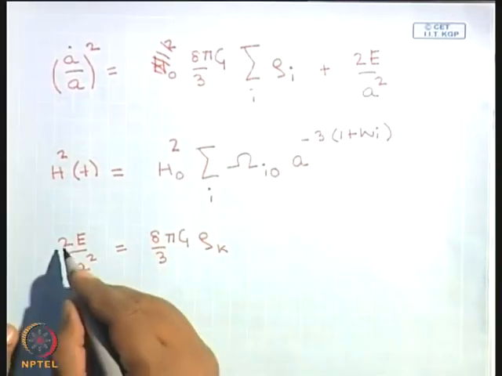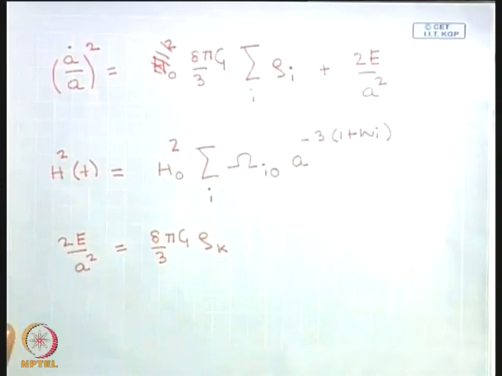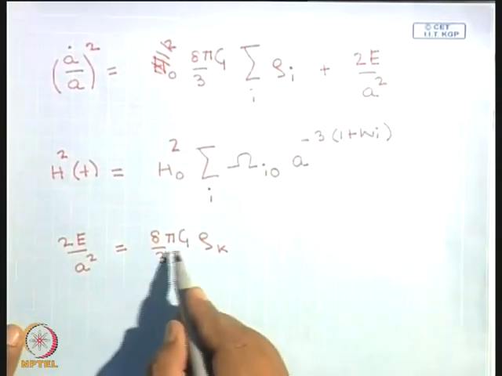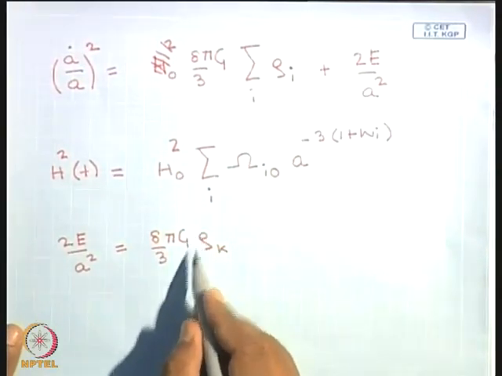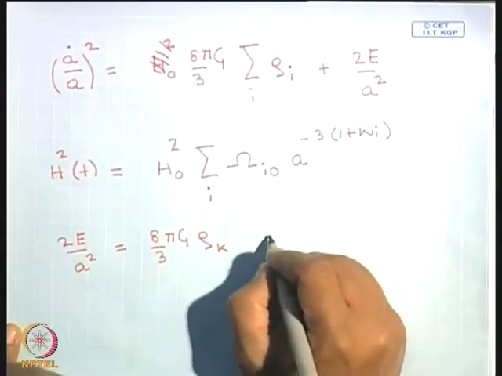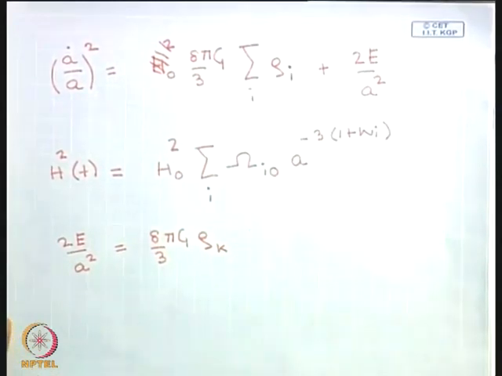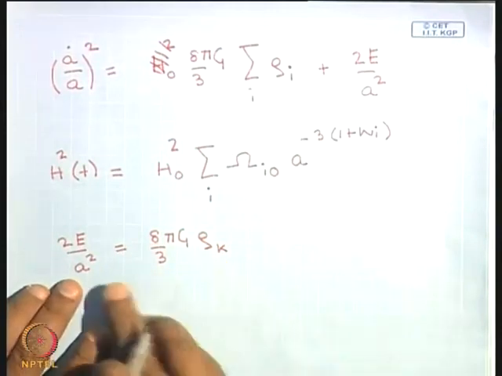This term actually corresponds to the spatial curvature of the universe, and we are here representing it as a fictitious density. As the universe expands, this density should fall as 1 by A square.